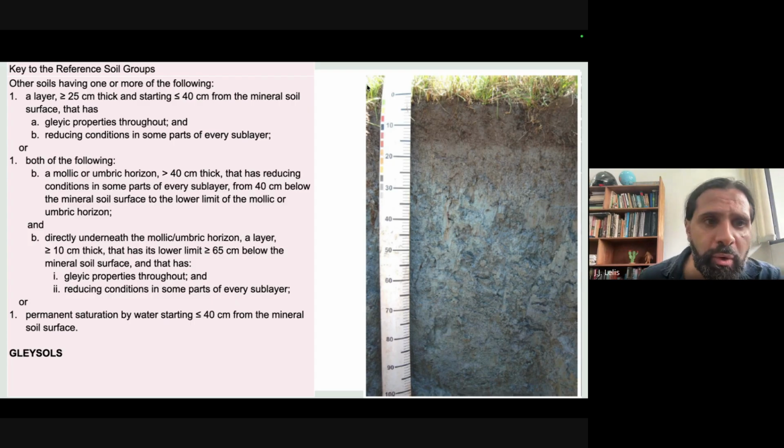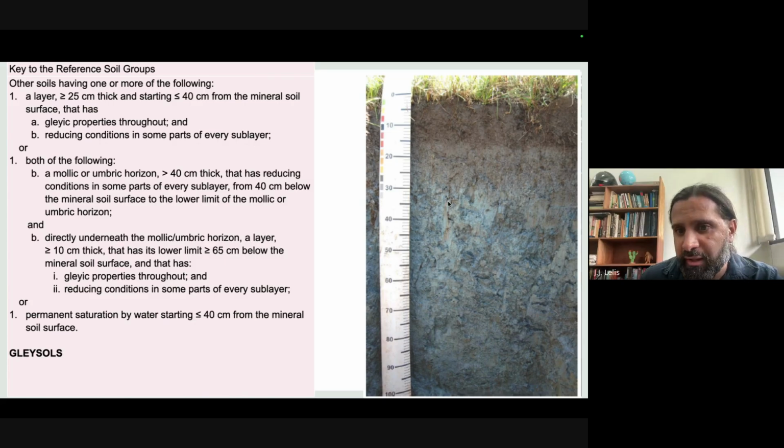So I should find a horizon with 25 centimeters of thickness with gleyic properties, and these gleyic properties should be found in the first 40 centimeters, and the reducing conditions in some parts of every sublayer.